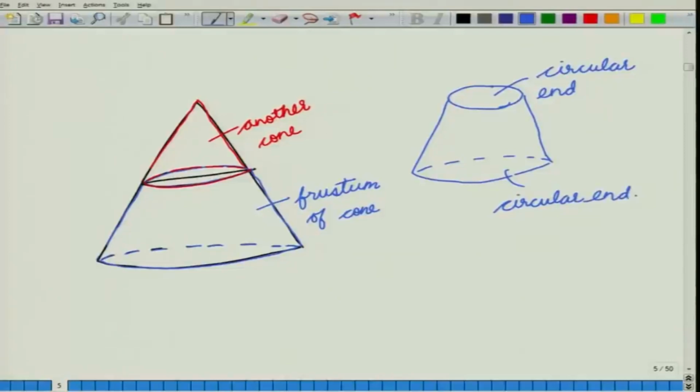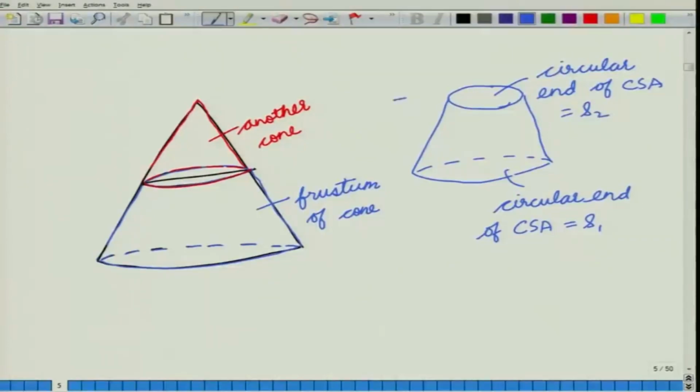Now, both these ends have their own sectional areas. So, this circular end has cross sectional area equal to S1 and here the circular end has cross sectional area equal to S2.